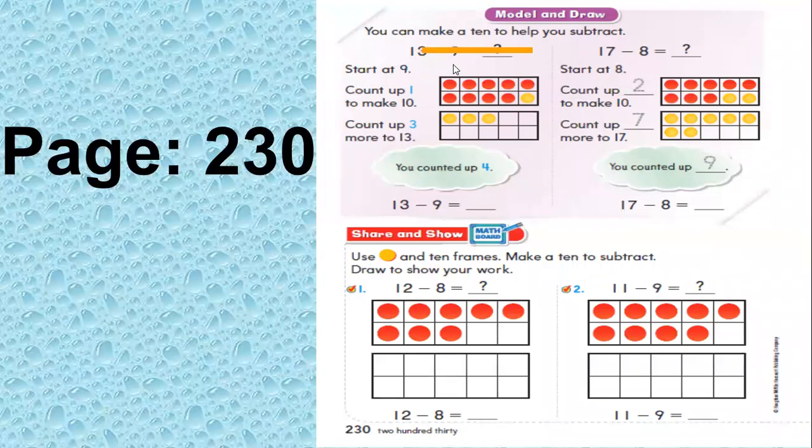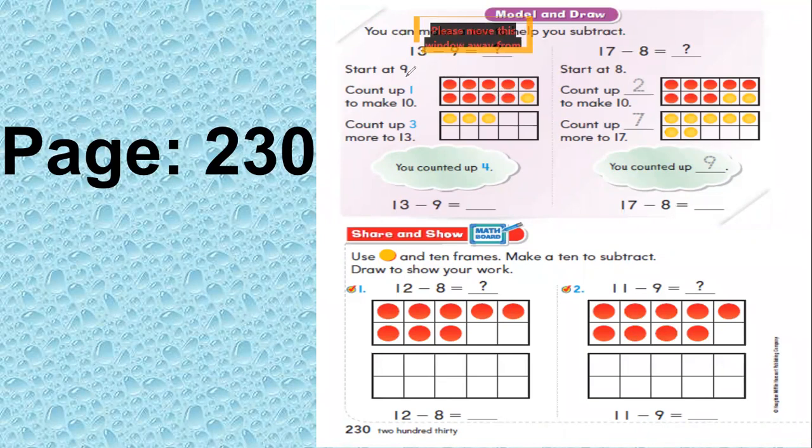Now, here we have, you can make a 10 to help you subtract. So, first we are going to make a 10 in the 10 frame and then we are going to subtract. So, our first question is 13 minus 9. So, we are going to start at 9. They have drawn here 9 counters inside the 10 frame.